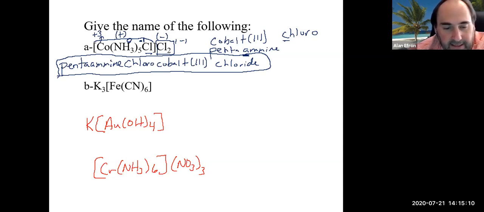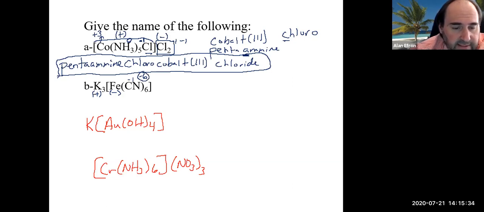We could do the same thing here. Again, in the brackets is our complex ion, which comes second in this case. That means our complex ion is going to be negative, and our counter ion here will be positive. So same approach: we want to figure out the oxidation state on the iron. CN is cyanide, which is -1 each, and there are 6 of them, giving you -6.